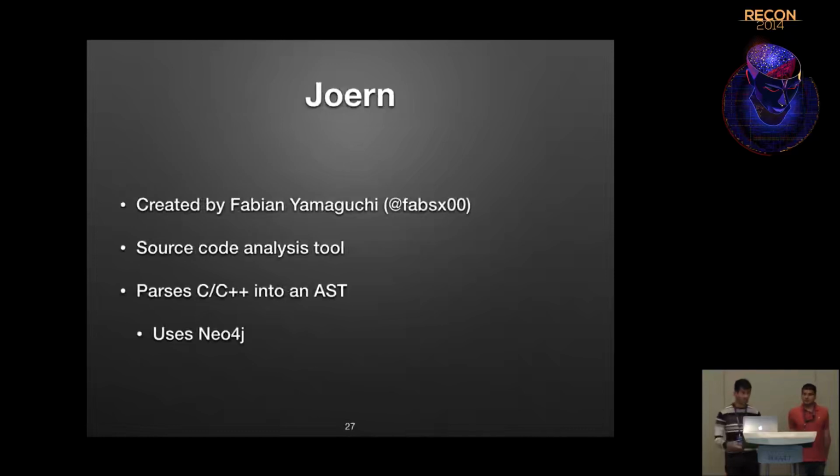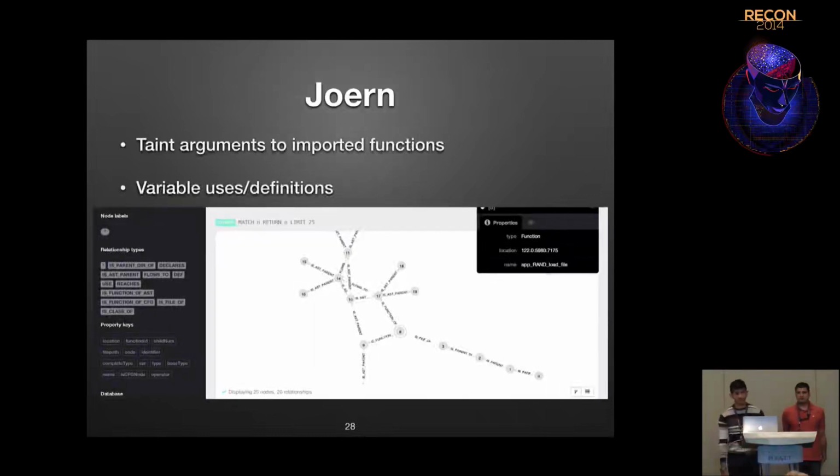As kind of what's been published out there and is more of a finished work, there's Joern by Fabian Yamaguchi. It's a source code analysis tool, and as that implies, you have to have source. But it parses C and C++ into an abstract syntax tree, and then creates definition use chains for all variables. It uses Neo4j, which is another reason I kind of like it.